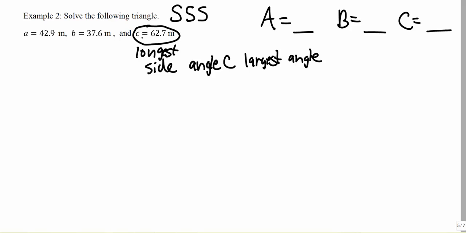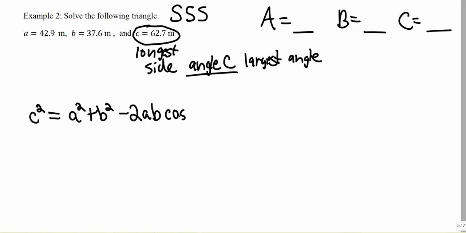If we want to solve for angle C, then we need to use the cosine formula that starts with C. So C squared is equal to A squared plus B squared minus 2 times A times B times cosine of angle C. We're going to start by rearranging the formula to get cosine C by itself on one side.